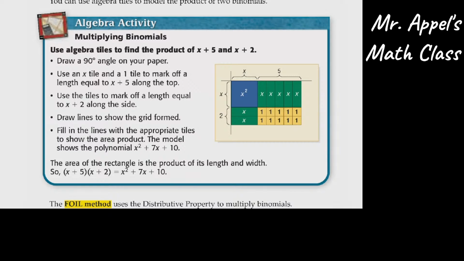You take the length of one side times the length of another. Well, what if those sides weren't just 5 and 7? They were x plus 5 and x plus 2. You don't know what x is. But you can represent it as some size that is not the same as 2. And then you can look where those grids line up. Say, this is going to be an x times an x.